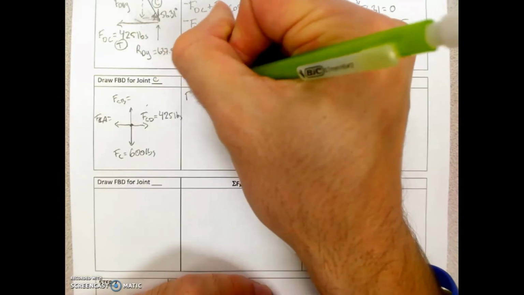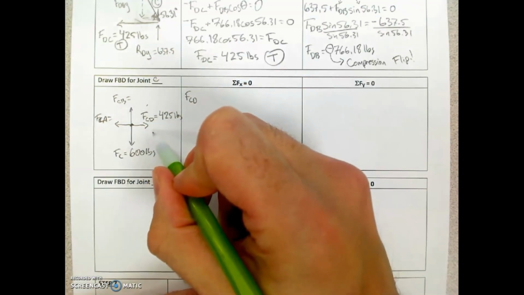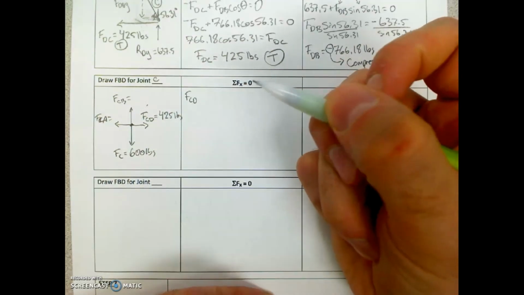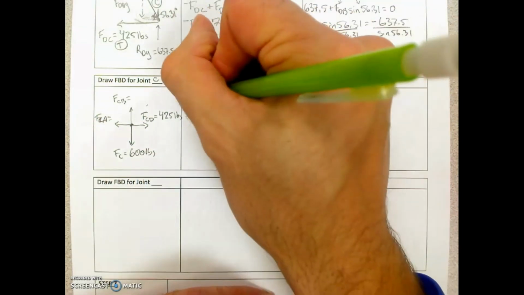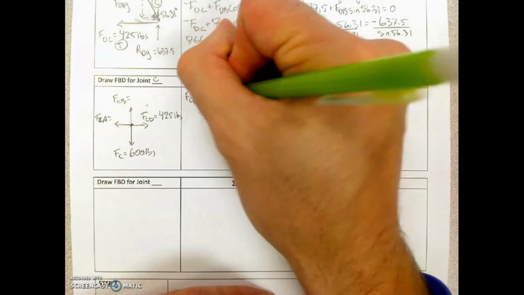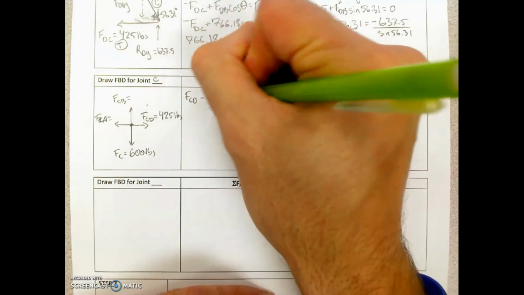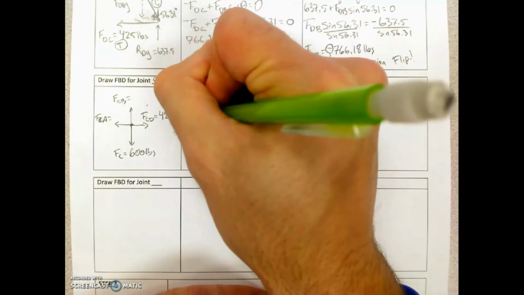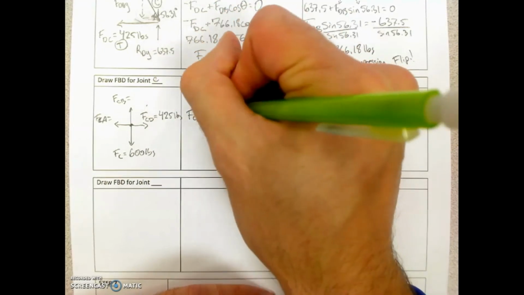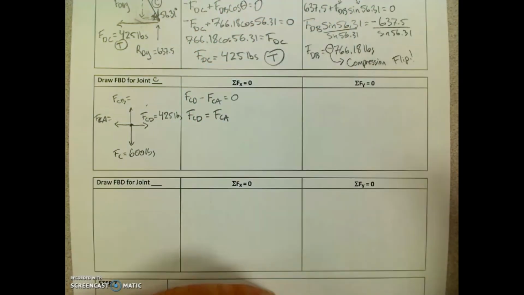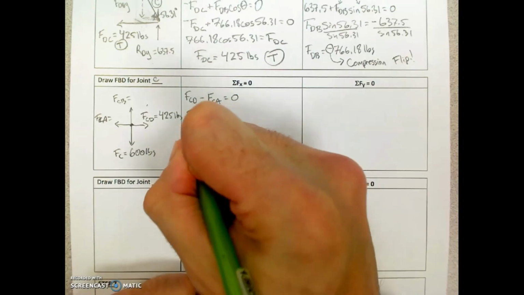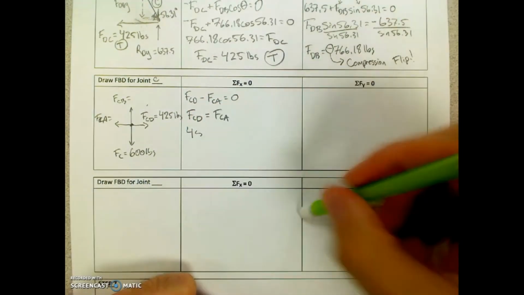So we are given FCD is a positive value because it's going to the right in the x direction. FCA is a negative value because it's going to the left in the x direction, which makes our life so much easier because we know those two have to be equal to each other. Whoops.